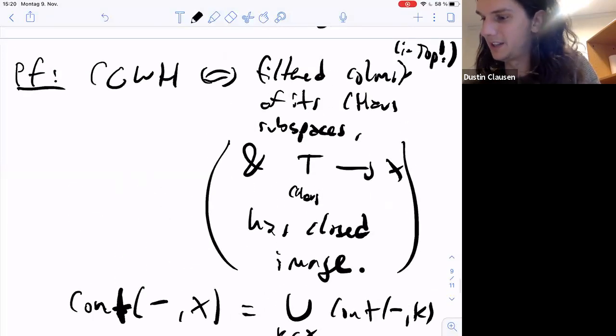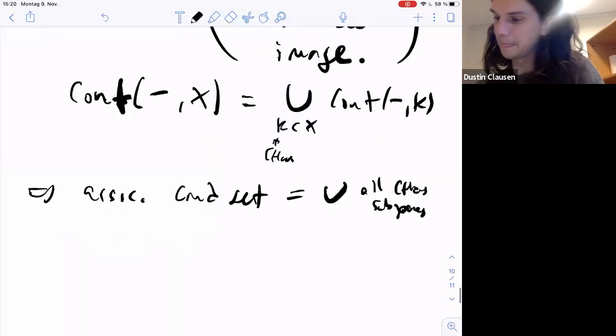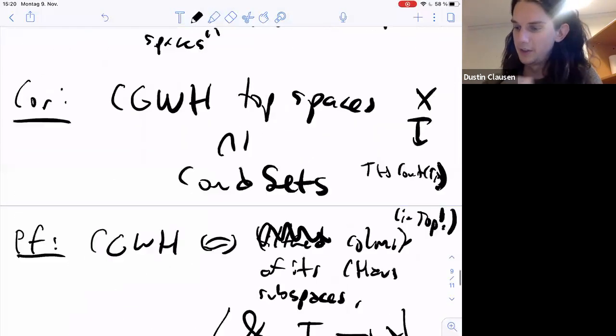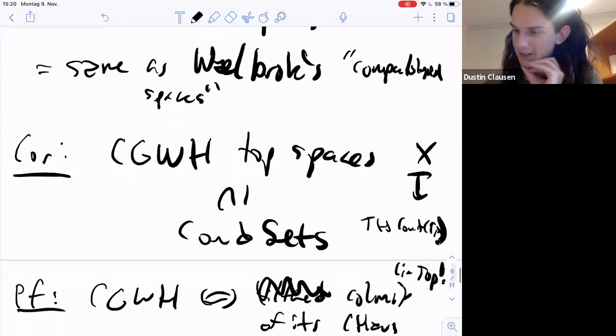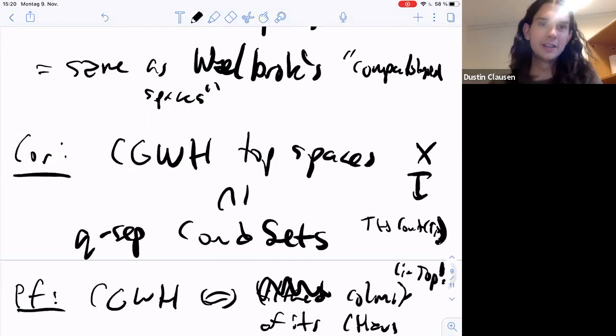Maybe what I was supposed to say is that it's the colimit of its compact Hausdorff subspaces, and then I would need the second condition. But anyway, so compactly generated weak Hausdorff spaces, in fact, are inside quasi-separated condensed sets, and they are given as the filtered colimit of their compact Hausdorff subspaces.